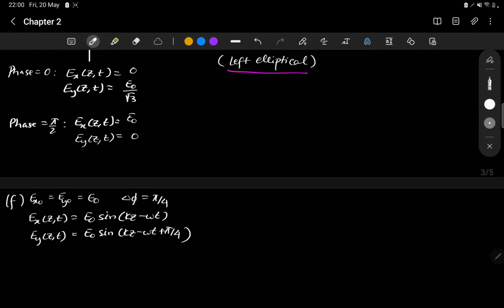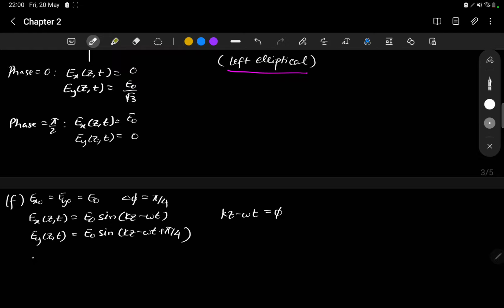Now let us consider kz minus omega t to be equal to some phase phi. In that situation we could write the following.